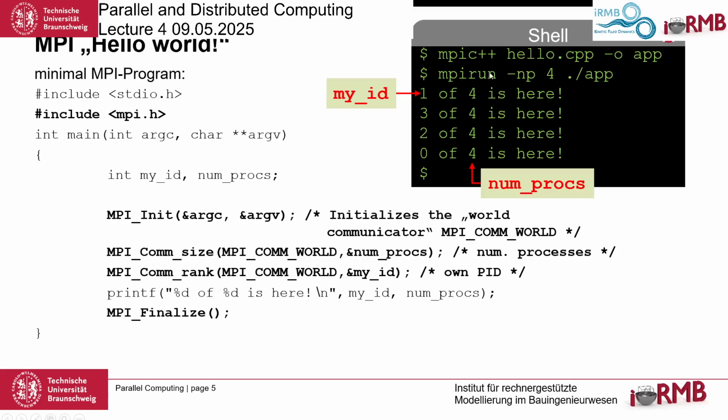And then all of them give us some result here, and you see, they are not running in any particular order, because they all run in parallel on that machine.